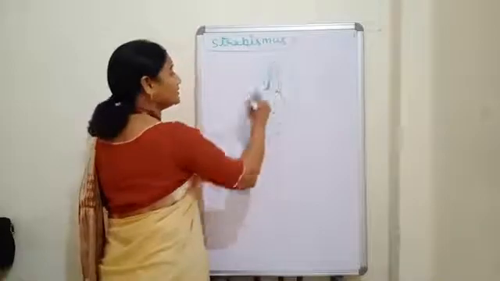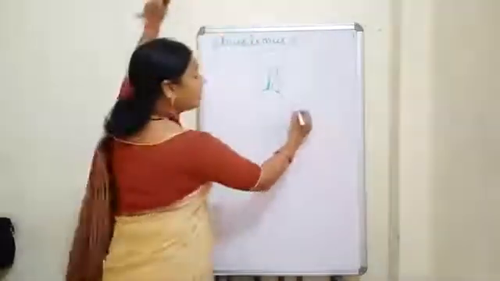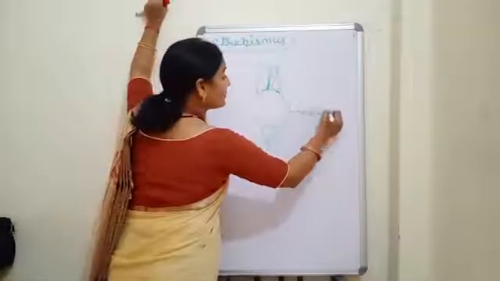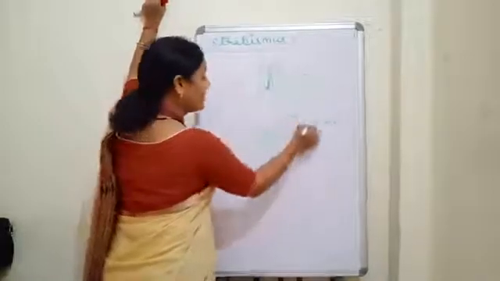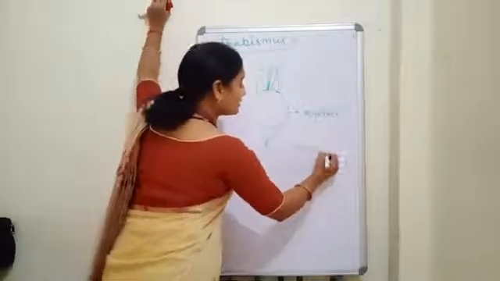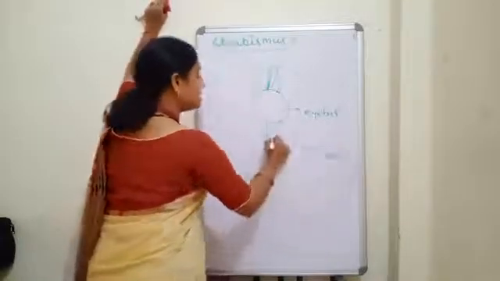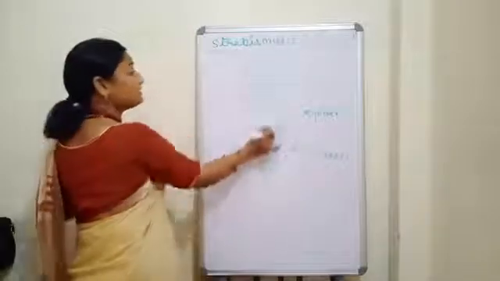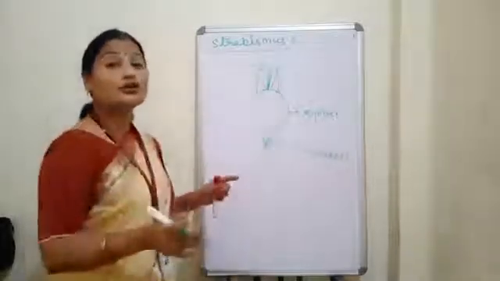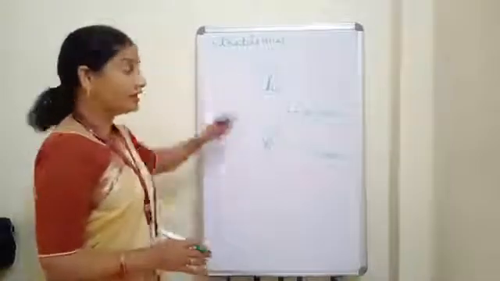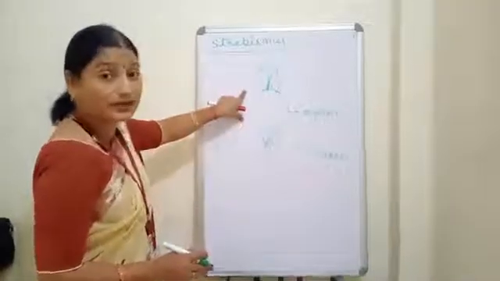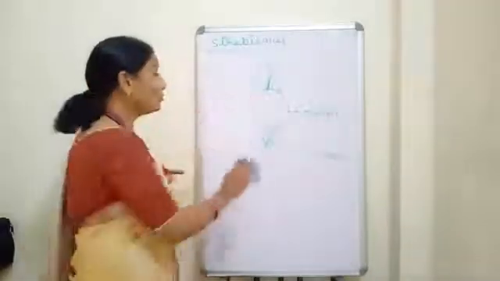Okay, these muscles are holding our eyeball in the socket. Now these muscles may become longer or shorter. They are not suspended properly.